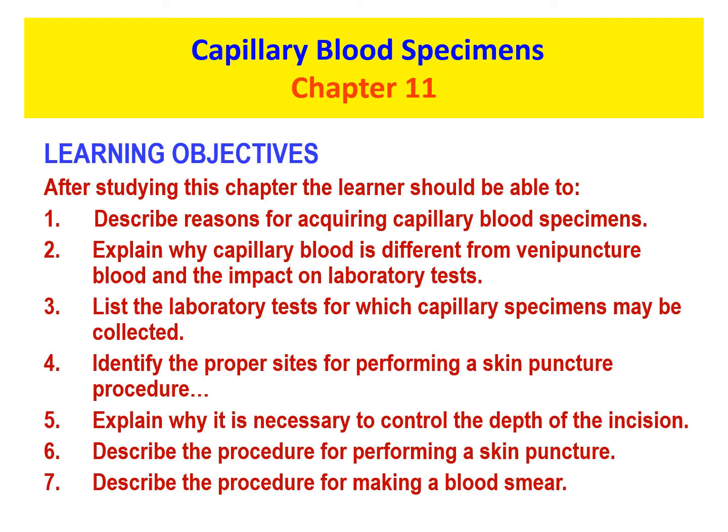So when we finish reading chapter 11 and we finish these PowerPoint presentations and we finish studying our review guides, we will have learned all these things, right? Everything from describing the reasons for acquiring capillary blood specimens all the way down to talking about making a blood smear, okay? So be familiar with these learning objectives both here and in the front of your textbook so you know what will be expected of you.